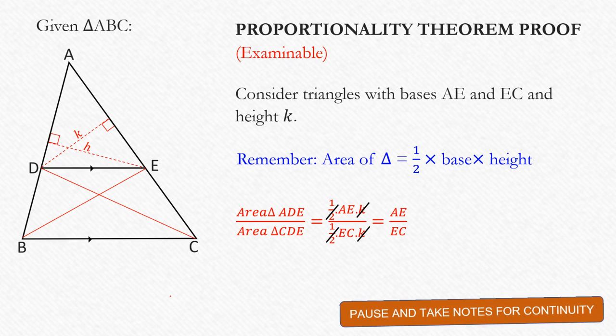So the area of triangle ADE divided by the area of triangle CDE is just equal to AE over EC. Again, you can pause here and take your notes.